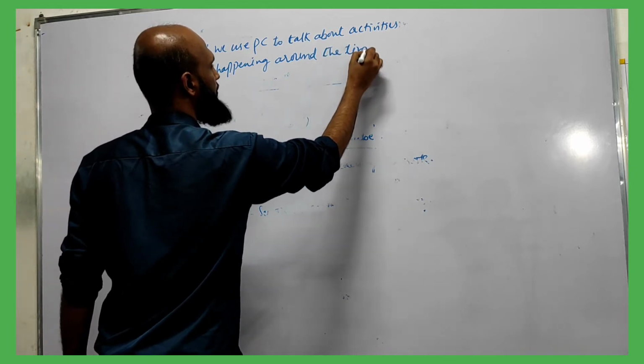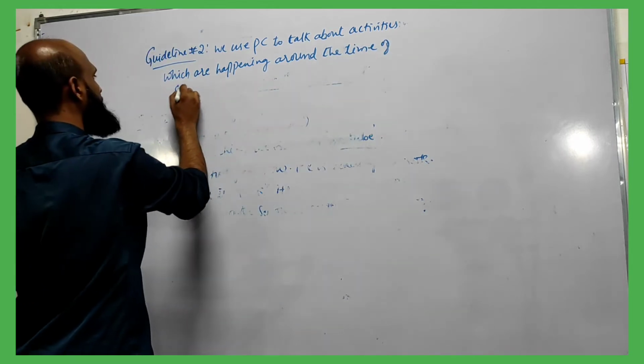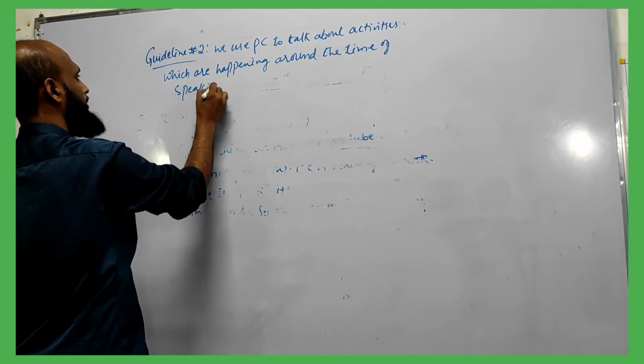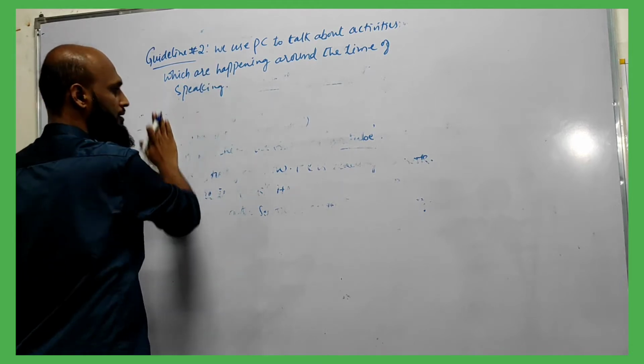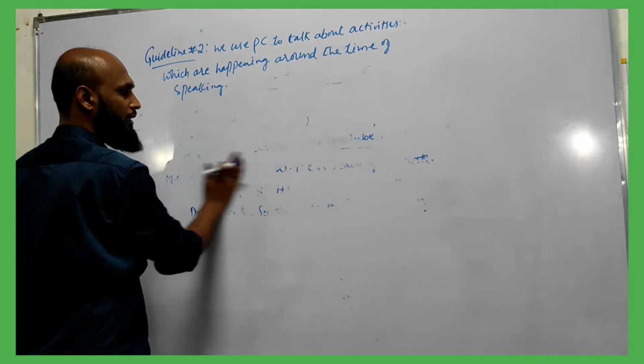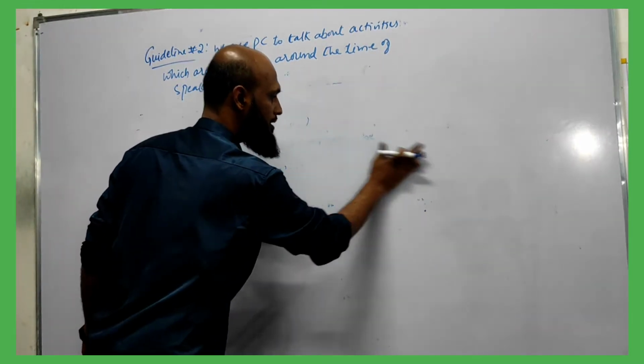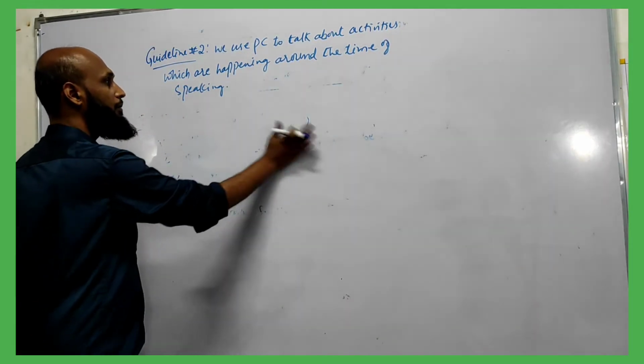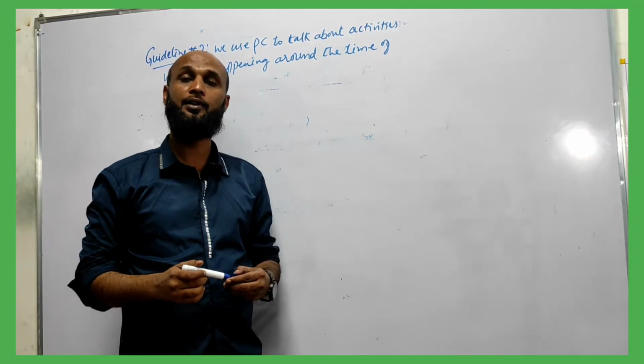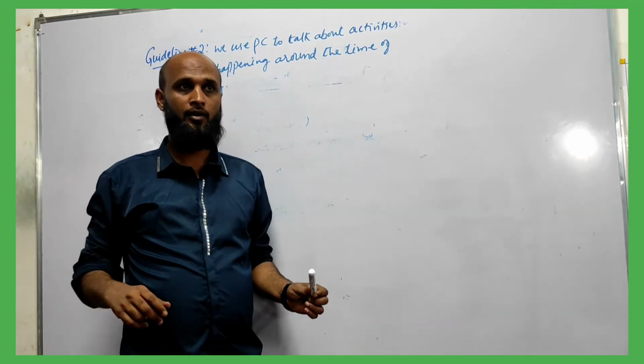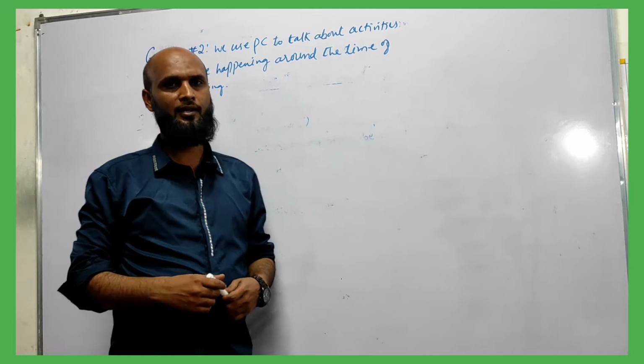It means that the activity which we are talking about is not taking place when you are talking about it. It means that the activity is happening around the time of speaking. You can understand it better with an example.